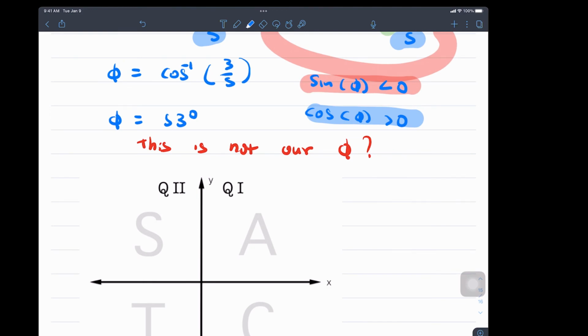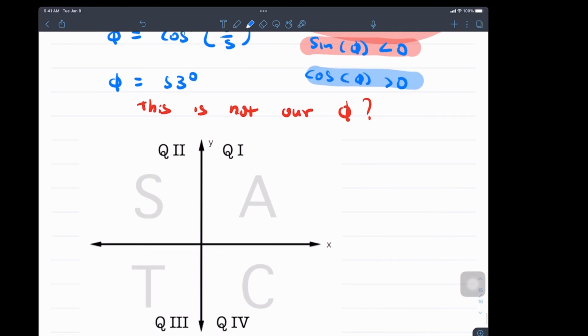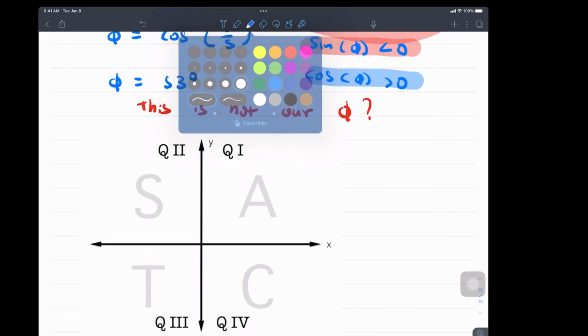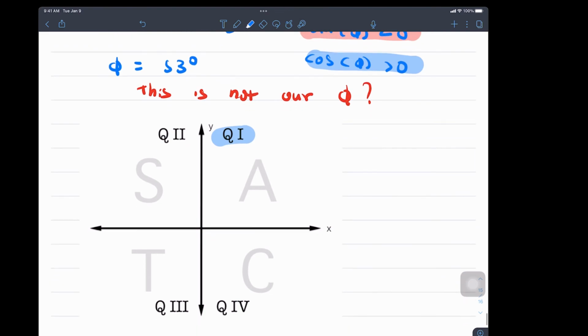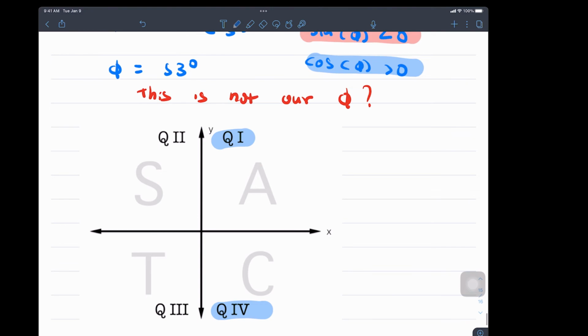So what quadrant has that? Cosine's positive in quadrant what? 1 and quadrant 4. In quadrant 1, what do we know about sine? Sine is also positive, but in quadrant 4, sine's negative. Is that right?